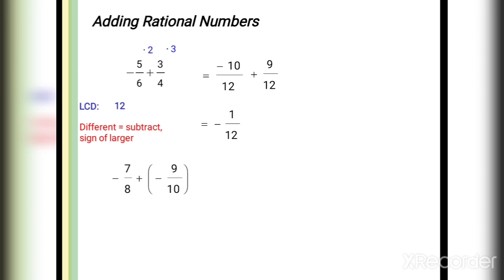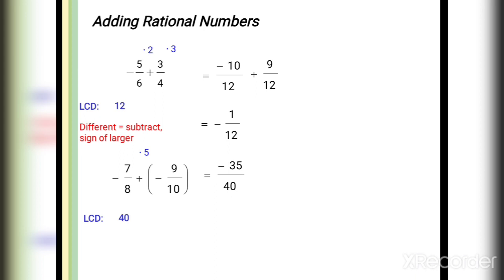Now another one: minus 7 by 8 plus (minus 9 by 10). Here again the denominators are different, so we have to find the LCM first. This is 40. To make 8 into 40, we have to multiply by 5, so we multiply the denominator as well as the numerator by 5.